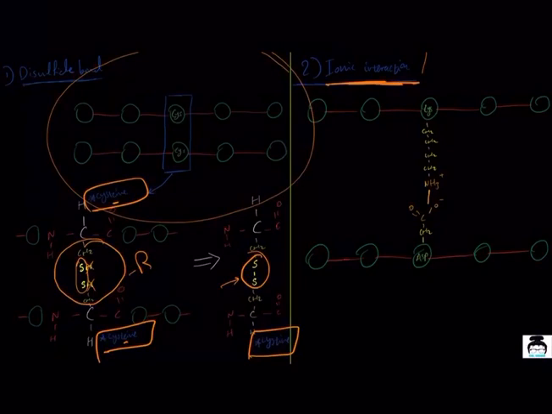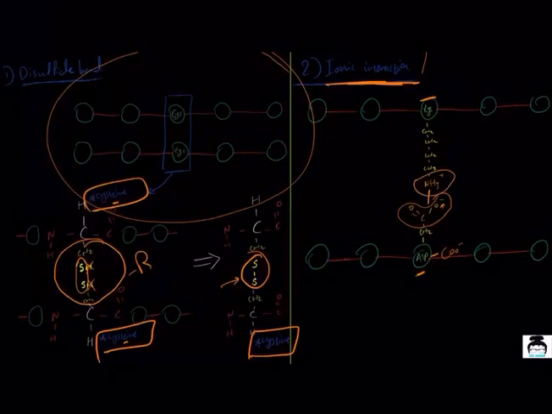Another type of bond that can exist between R groups is called an ionic interaction. So notice aspartate over here and lysine over here. Aspartate has a carboxylate in its R group. This is totally different from the carboxylate which is bound here. This is a carboxylate that happens to be in the R group of aspartate, and it's negatively charged.